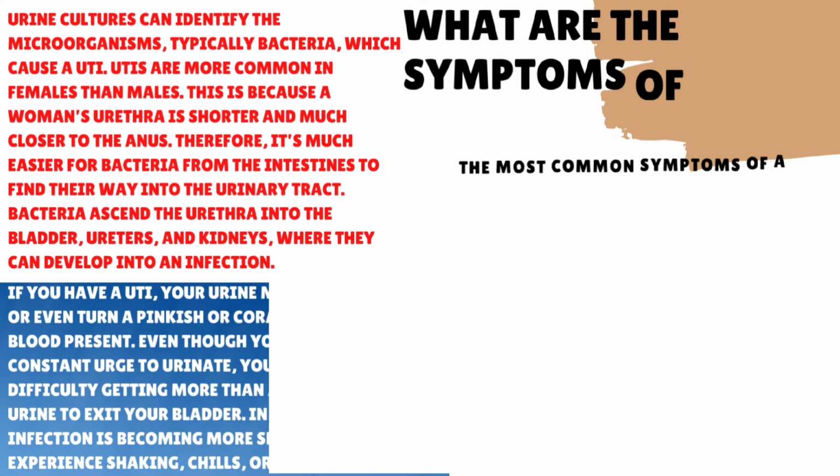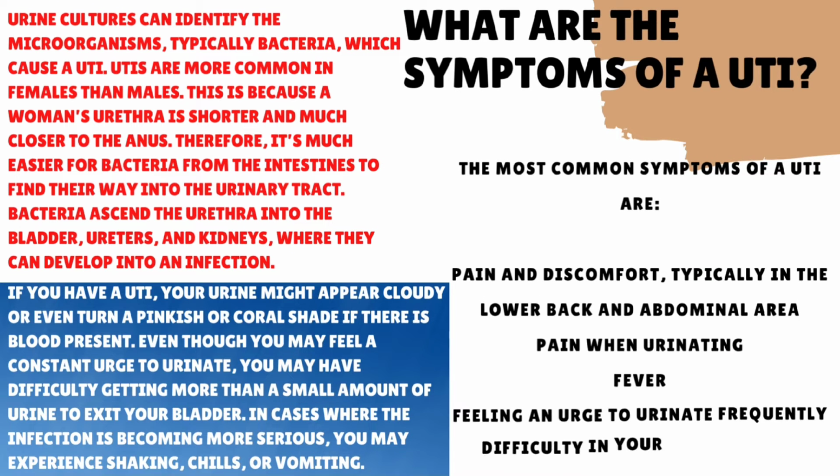Now let's discuss the symptoms of UTI. Urine cultures can identify the microorganism, typically bacteria, which causes a UTI. UTIs are more common in females than males. This is because a woman's urethra is shorter and much closer to the anus.